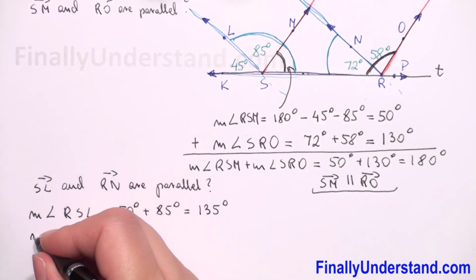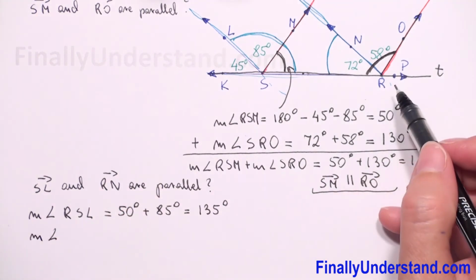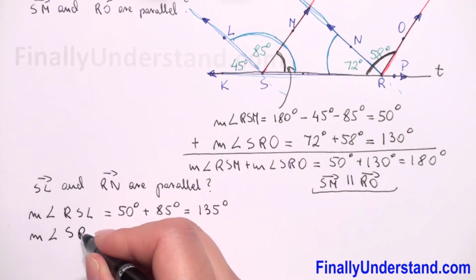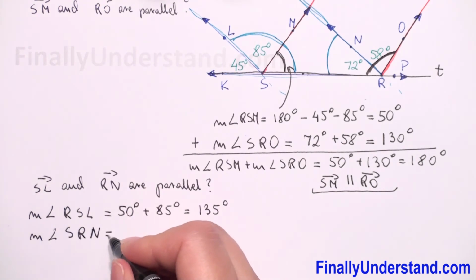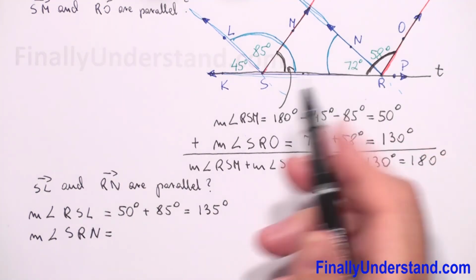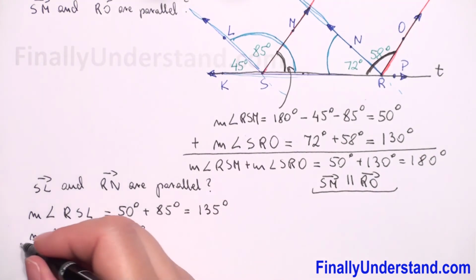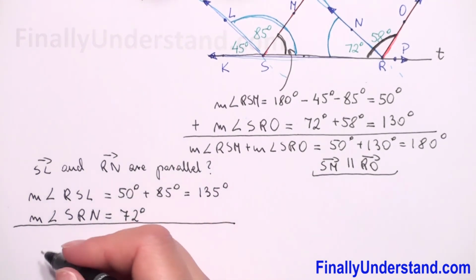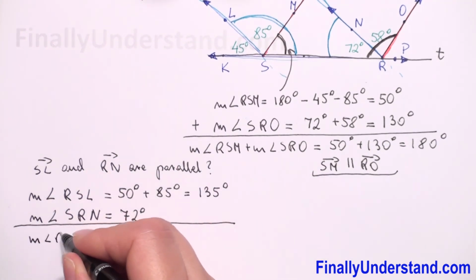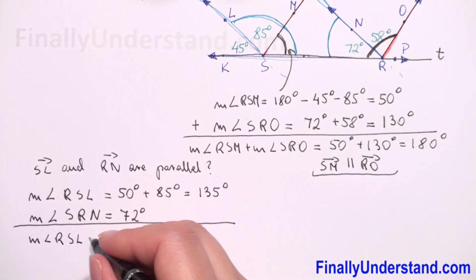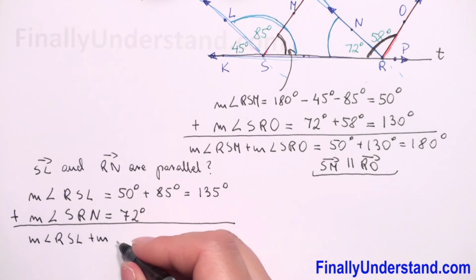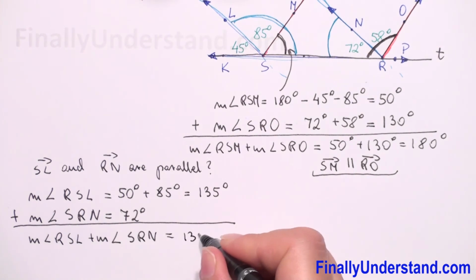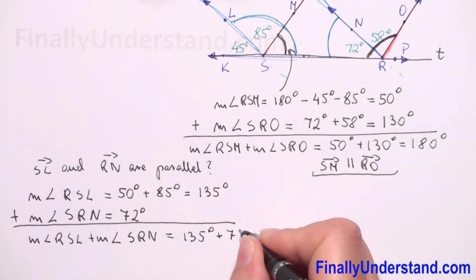And the measure of angle SRN is equal to 72 degrees. Now if we add these two angles, we have that the measure of angle RSL plus the measure of angle SRN is 135 degrees plus 72 degrees.